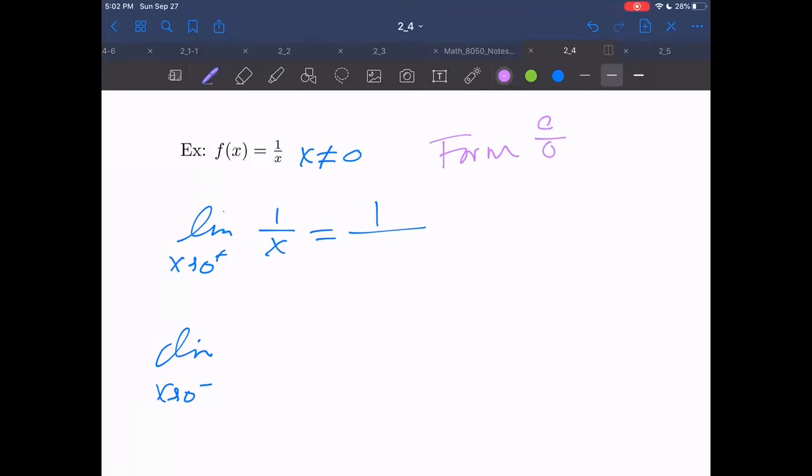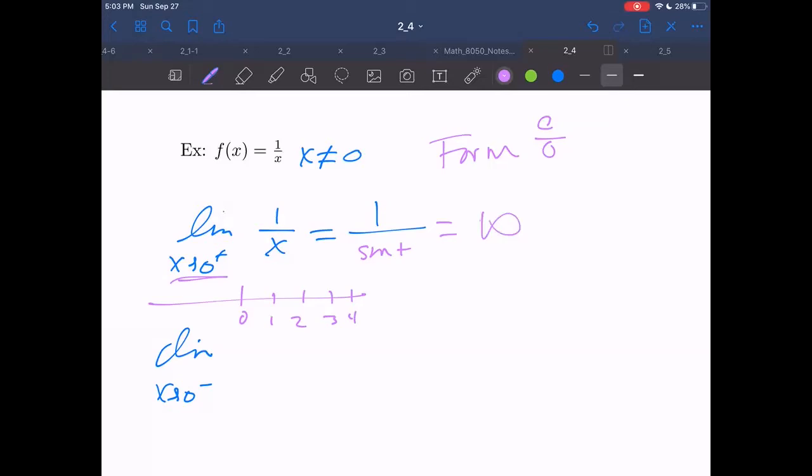I'm looking at x approaching 0 from the right, so all of these numbers bigger than 0, which is just some positive number. So we end up with a positive 1 divided by some positive number, and that's just going to give us positive infinity.